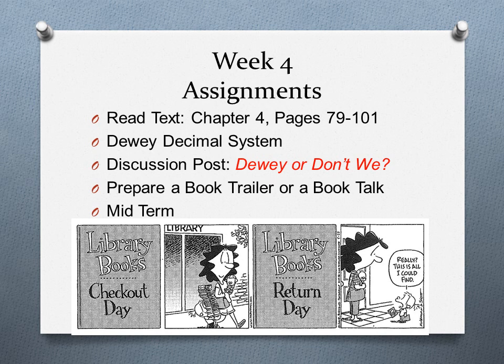There are several resources posted in the Week 4 module discussing the option of eliminating the Dewey classification system in a school library in favor of genre shelving. It is an interesting topic. You should review the article and create a post in Discussion 3, giving your opinion and reasons why you think ditching Dewey is a good or bad idea. Then respond to another classmate's post.